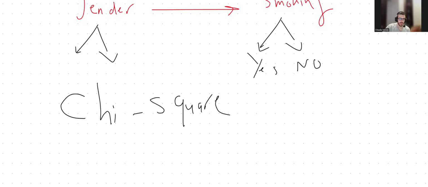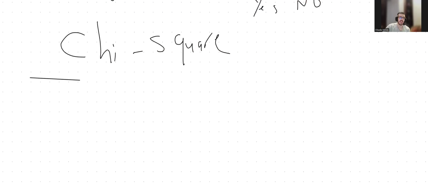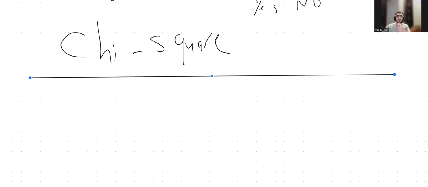But what if I told you that, let's say I have a different research question, completely different, that says, is there an association between gender and, let's say, mean blood pressure level?